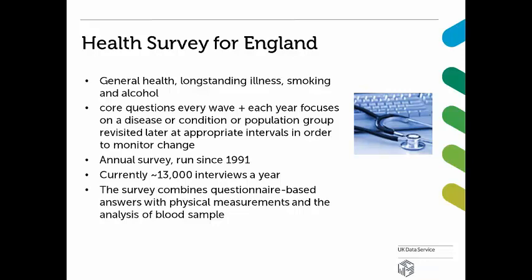The survey also has questionnaire-based answers and also physical measurements and the analysis of blood samples, as we've already seen. This has been run every year since 1991, and the current sample size is about 13,000.